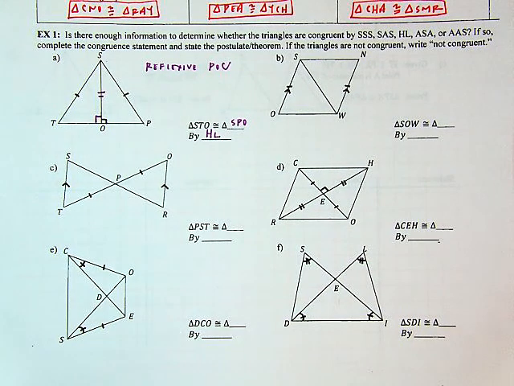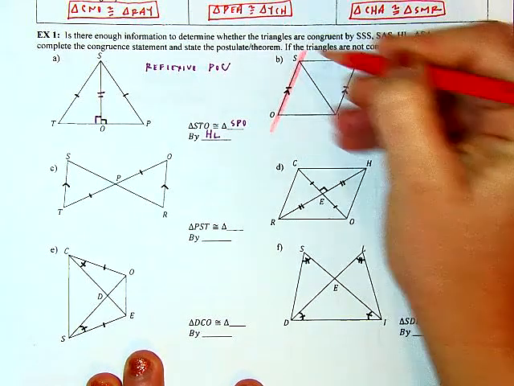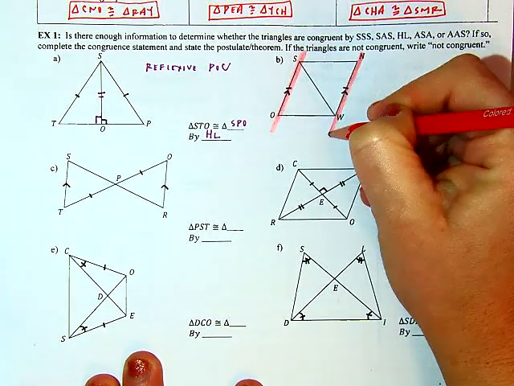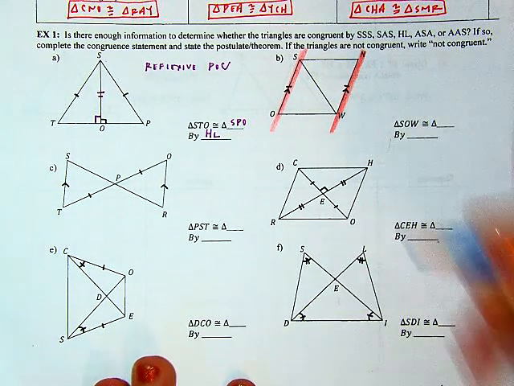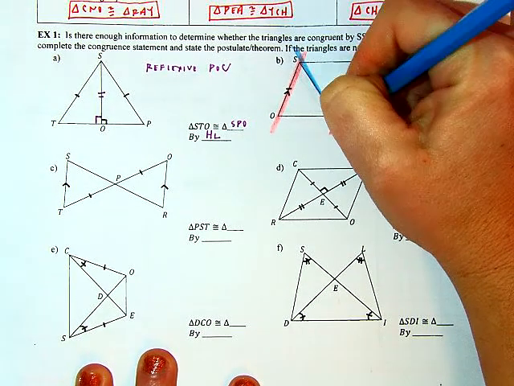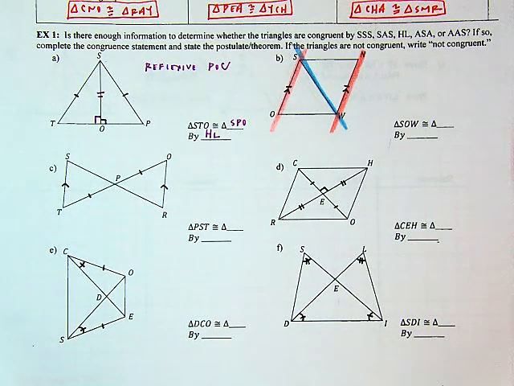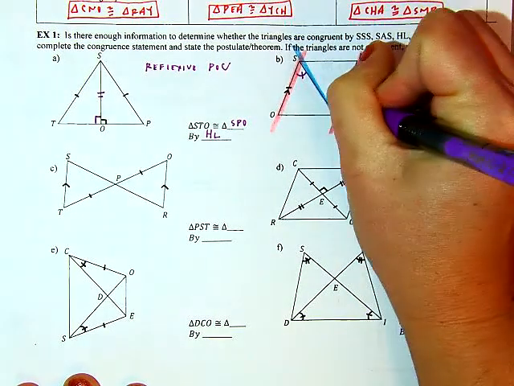Okay, in my next one, here I have some parallels, so I'm going to use that same strategy. I have parallels here. Okay, and then I have a transversal then that is right here. So then I can link up my alternate interior angles here and here.